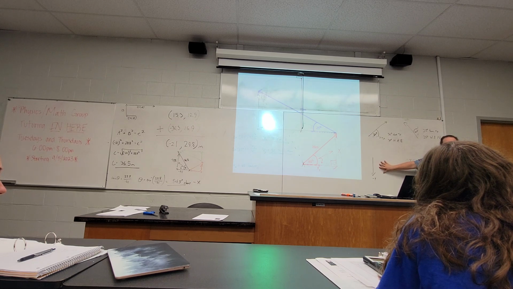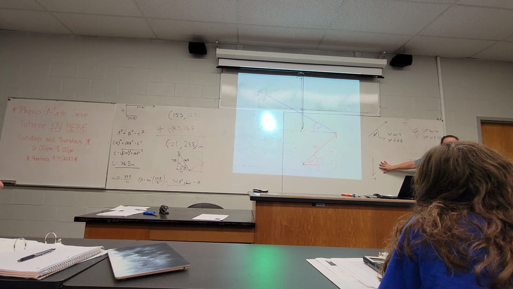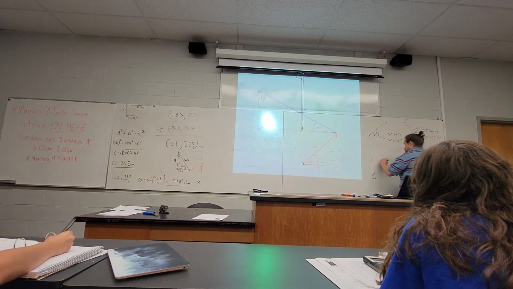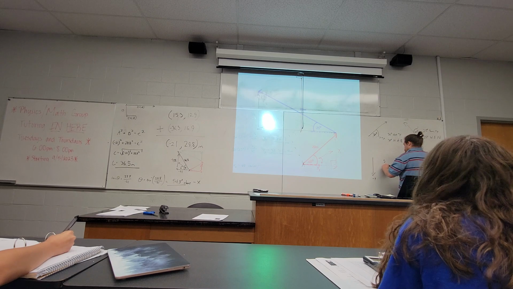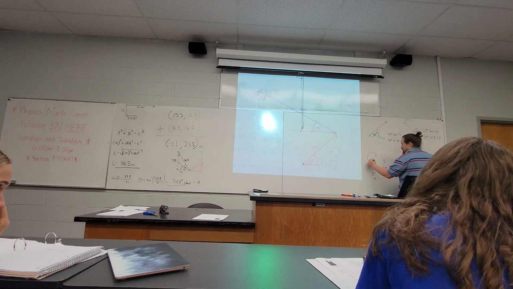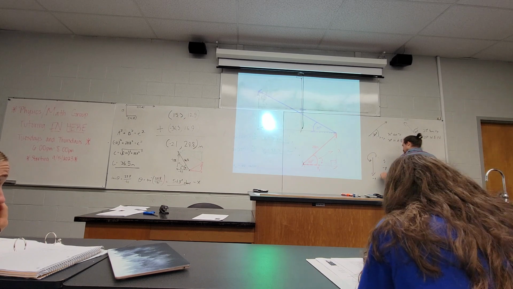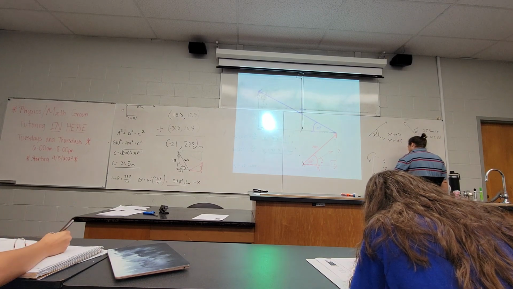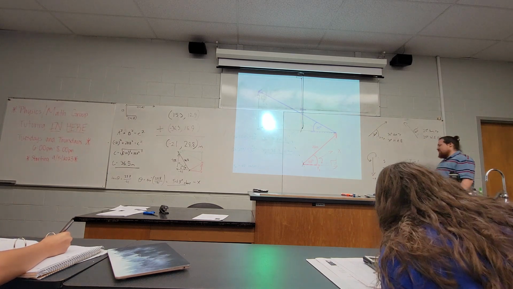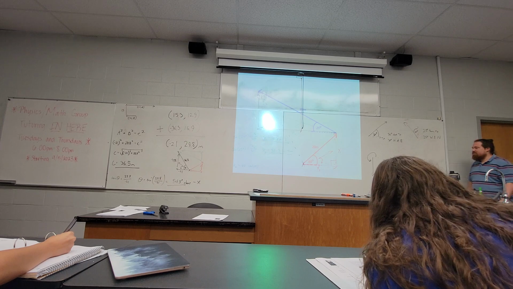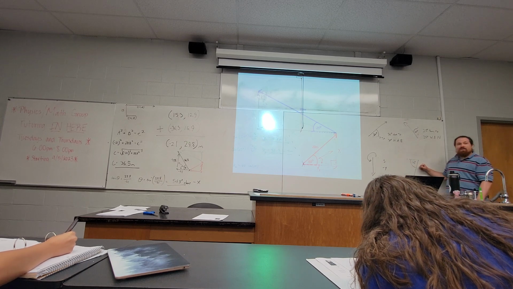How about this one? Just south, or negative y. You could also call that, if you really wanted to be fancy, 270 degrees from positive x. But that's just splitting hairs. How about this last one?